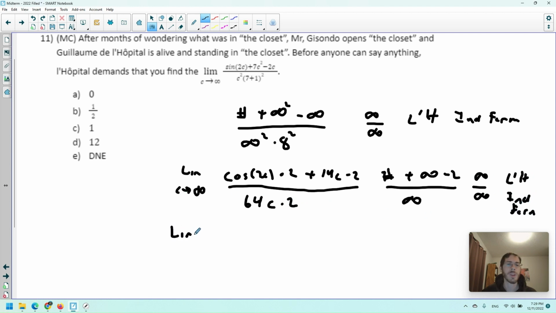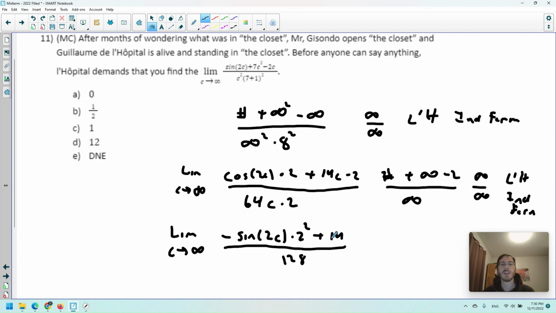So that's pretty cool. The limit as c approaches infinity then, derivative of cosine is negative sine 2c. I have to multiply again by 2 for the chain rule, so times 2 squared, plus derivative of 14c is 14. Then I get minus 2, but that's going to become 0. Down here, I've got 128, so that's kind of nice.